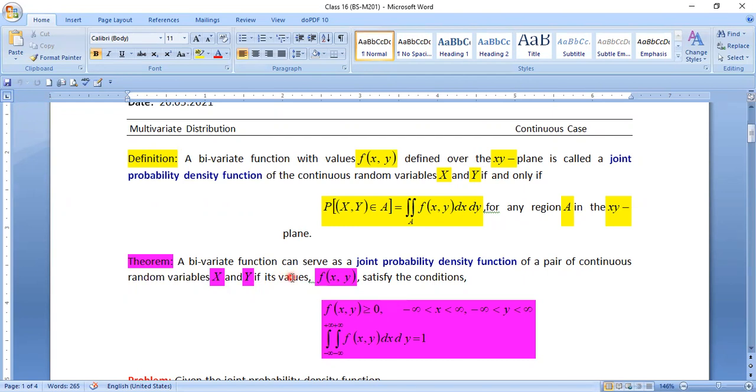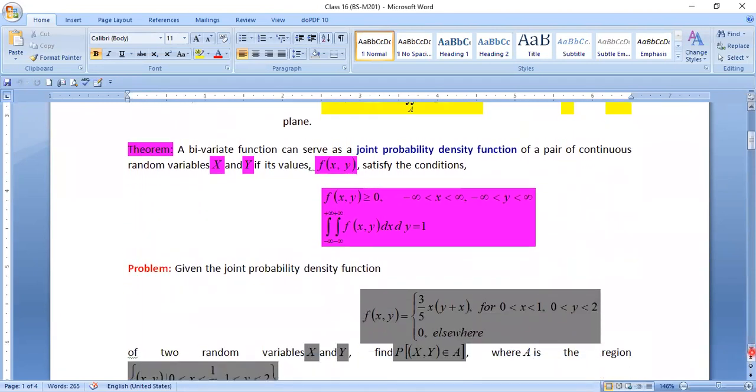In the continuous case also, this joint probability density function f(x,y) will satisfy the same criteria: it will be non-negative, and the total probability will be equal to 1. Here we are considering the double integration, where the first variable ranges from minus infinity to plus infinity, and the second variable is also ranging from minus infinity to plus infinity. Same thing is happening over here, only the summation has been replaced by integration.